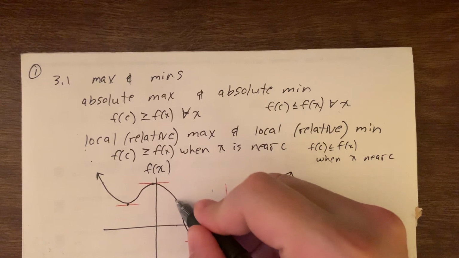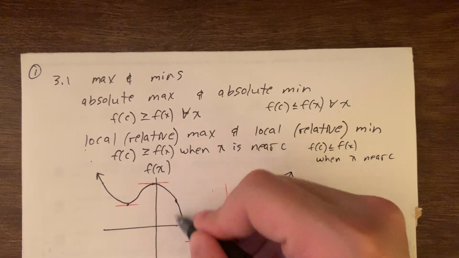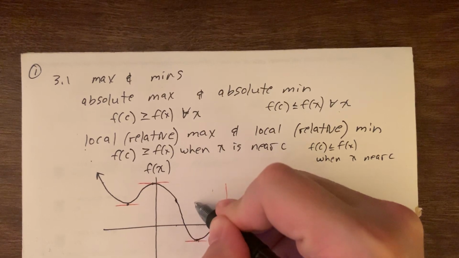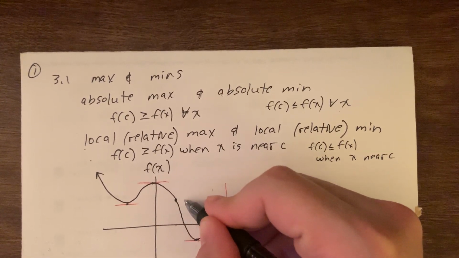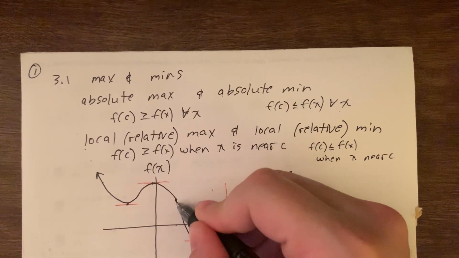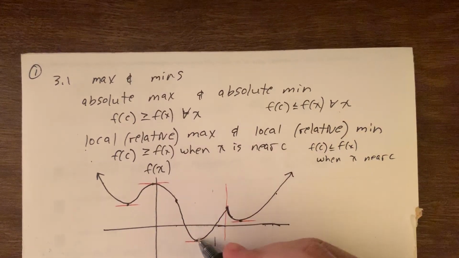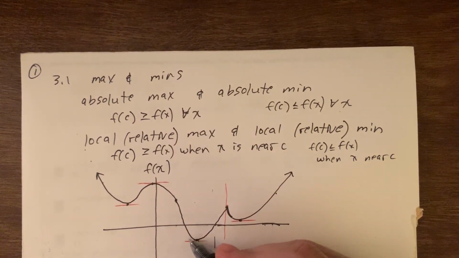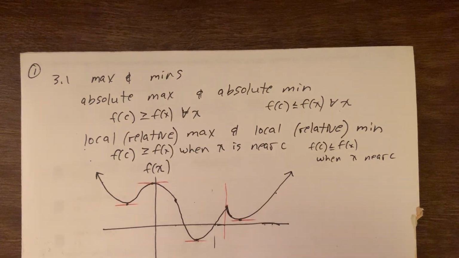So if I just focused right on this point right here, if I cut my graph off right here and only went to the right, I could say that's a high point. But if I go both left and right, well, now I get other points that are higher, as well as others that are lower. So this is not a max or a min. But if you look at a point like this, if you go both left and right, all the points surrounding it are above it, so that this is the lowest point.